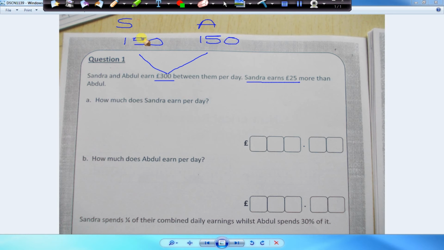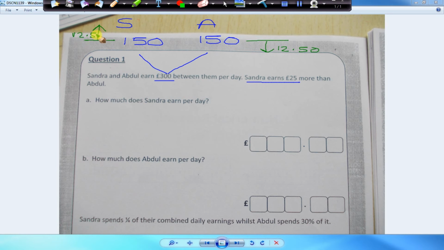Now, in order for Sandra to get £25 more, we need to reduce Abdul's amount by half of that amount, £12.50. The amount that we reduce Abdul's by, we have to give to Sandra, so hers will go up by £12.50.